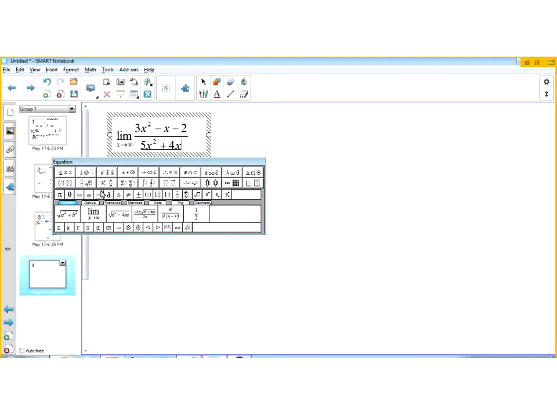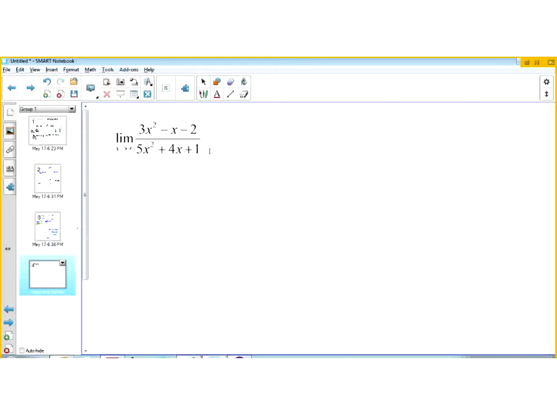plus 4x plus 1. Now, if you recall from your Chapter 1 notes, when we were talking about graphing, we disclosed how to calculate the presence of a horizontal asymptote, and we readily see that 3 is the leading coefficient of the numerator and 5 is the leading coefficient of the denominator.